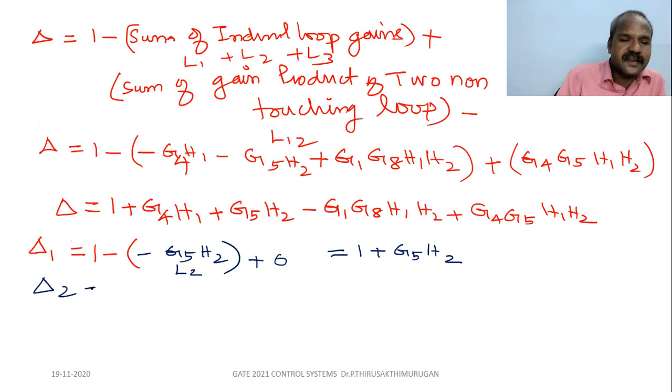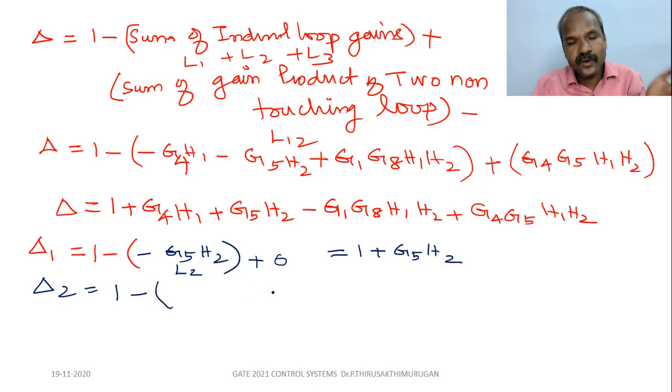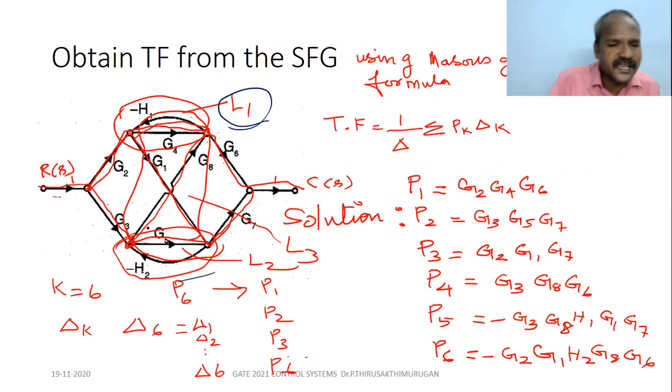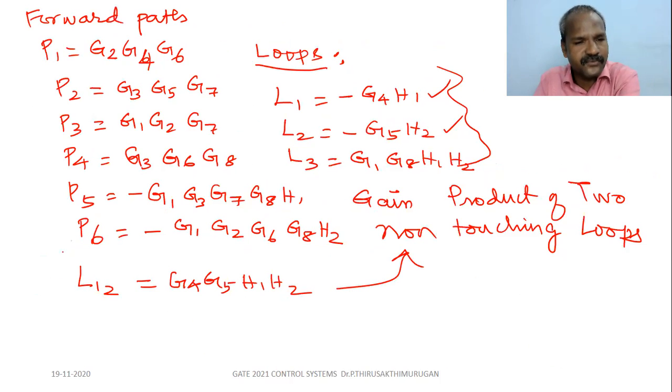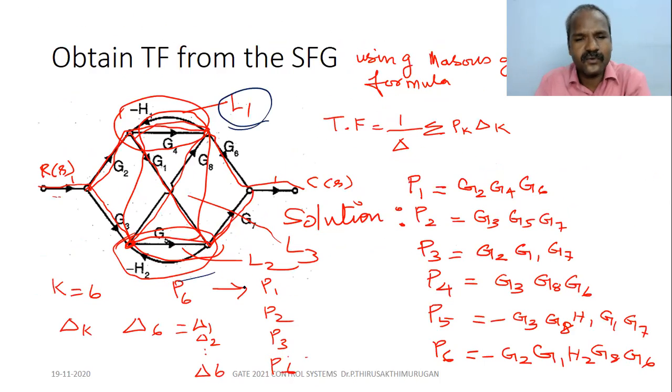Similarly, what is delta 2? 1 minus the sum of individual loop gains which are not touching the second forward path. Which is the second forward path? G3, G5, G7. In this forward path, the loop L1 is not touching.